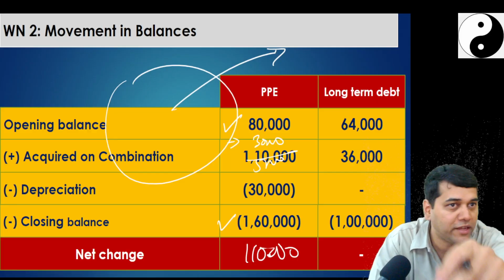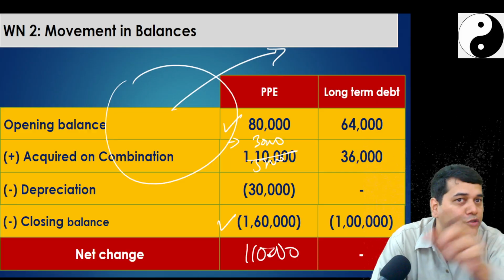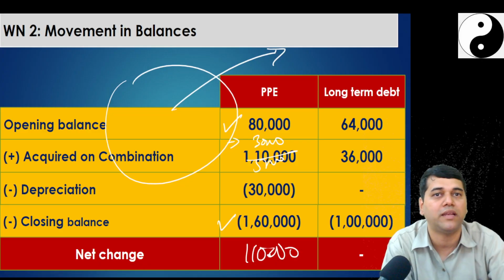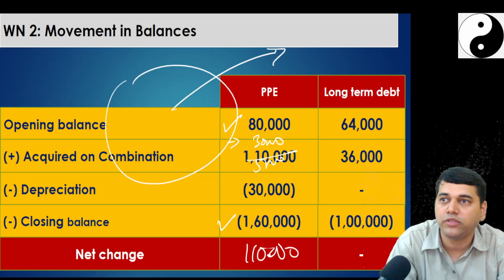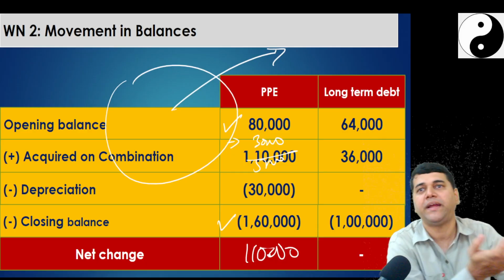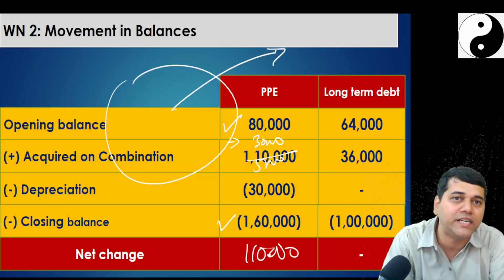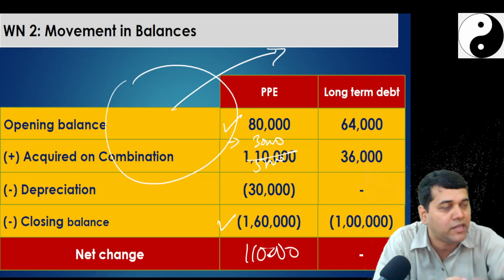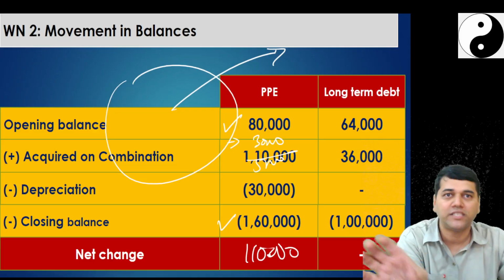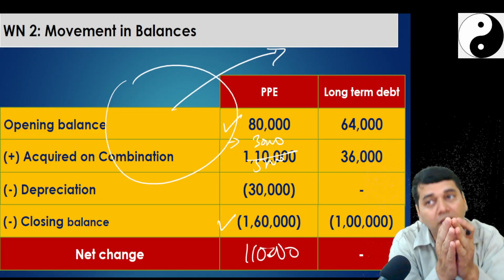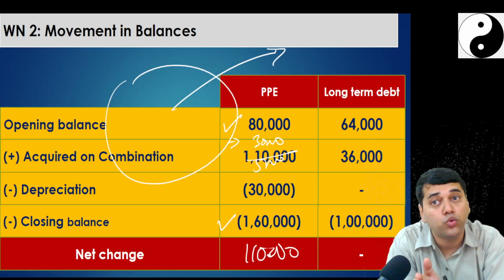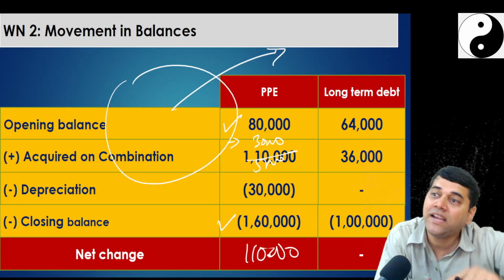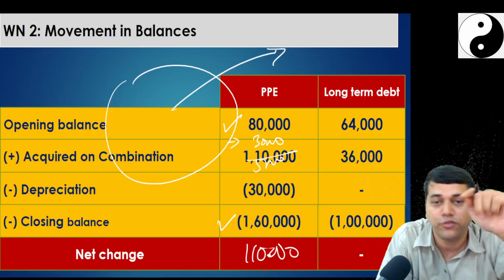Understood the logic of why we are doing this? Because every time we used to go with the balance sheet and check opening balance, closing balance, then we would say I purchased PPE, I paid the debt. Nothing you did at a consolidation level. In consolidation, you took their balance sheet, you took your balance sheet, you added it. If at all any cash transaction happened, it is between you as a group and the earlier owners of your subsidiary.